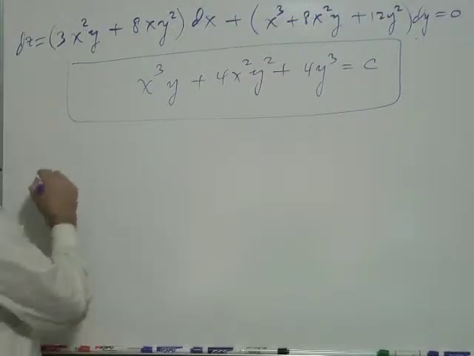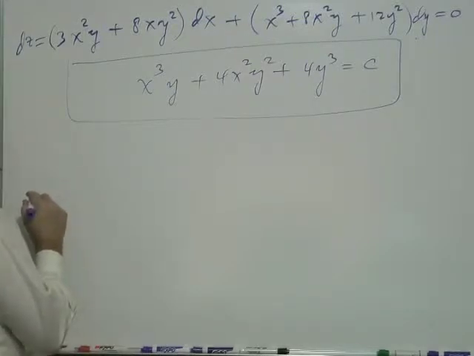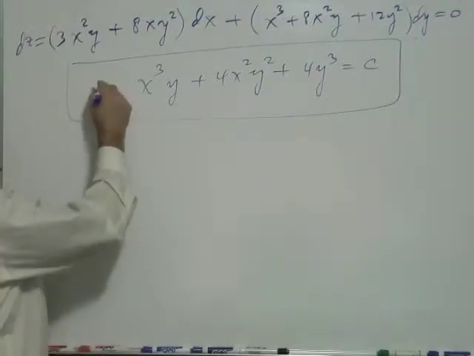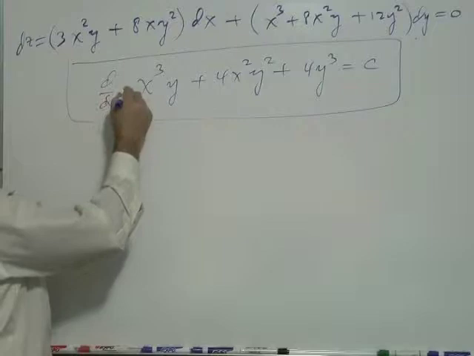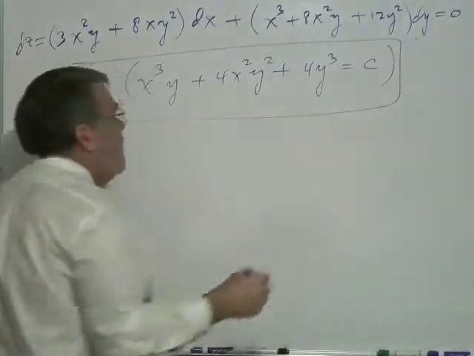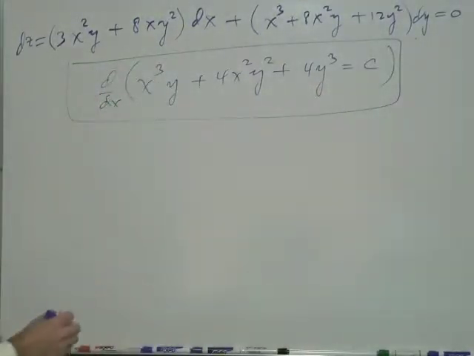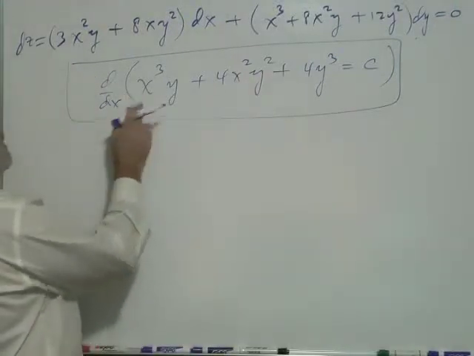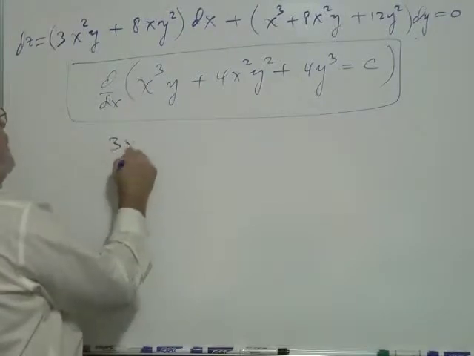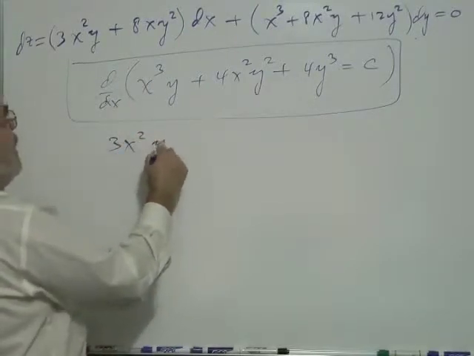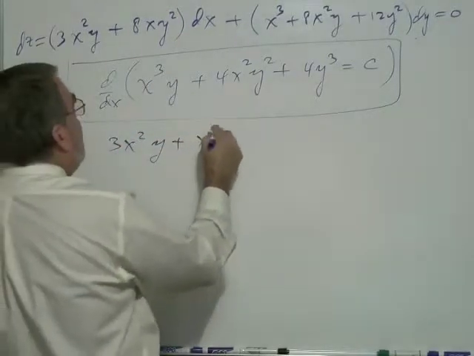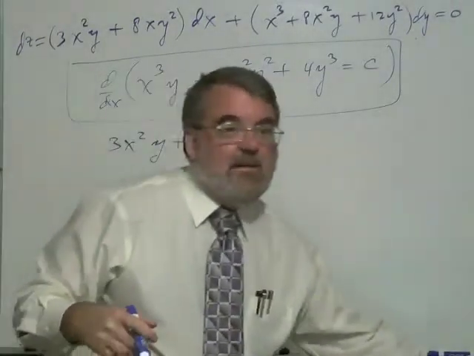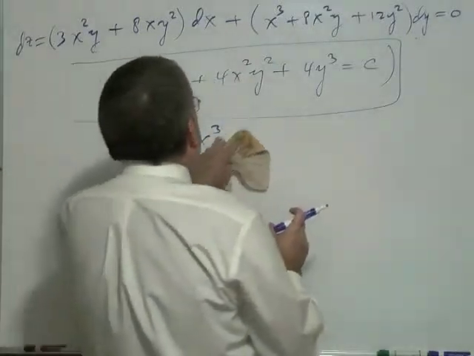If I take the derivative with respect to x of everything, the derivative with respect to x of this entire equation. All right, we end up with implicit differentiation. I have a product rule here, so I have 3x squared y plus x cubed y prime. In fact, this is dy dx. So that comes right from the chain rule.